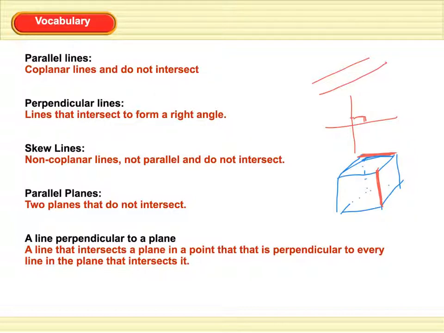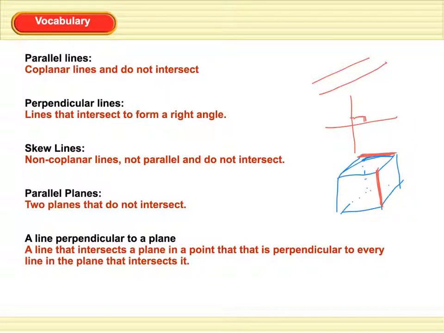Parallel planes are self-explanatory, two planes that do not intersect. And the line perpendicular to a plane. Imagine you put a sheet of paper on the table, then you hold a pencil, and the pencil goes straight down towards the paper. When the pencil touches the paper at exactly one tiny point, that's when the pencil is perpendicular to the plane, and there has to be a right angle between the pencil and the sheet of paper.